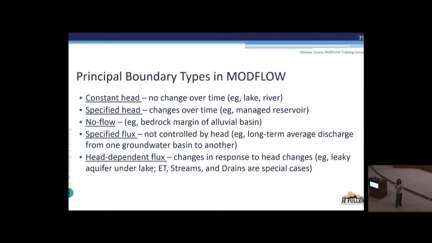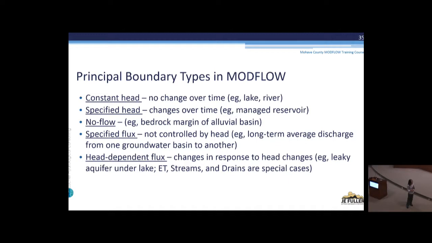So this means no change over time. If you have a river or dam or something controlling that system, you know that it's never going to change. That makes sense to specify a head there. Likewise, if you just have no idea what the flux is on the downstream end of your model, what water is leaving your model area, you might just set it as a constant head because you don't have any better information.